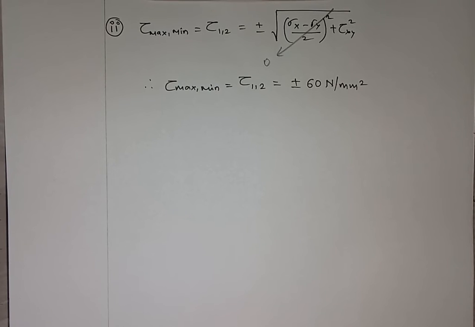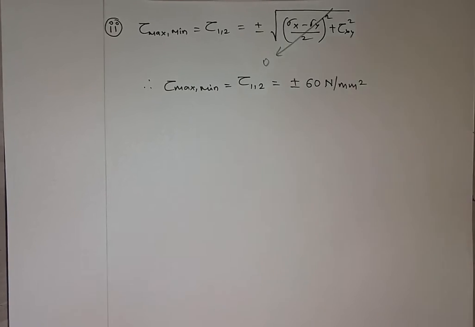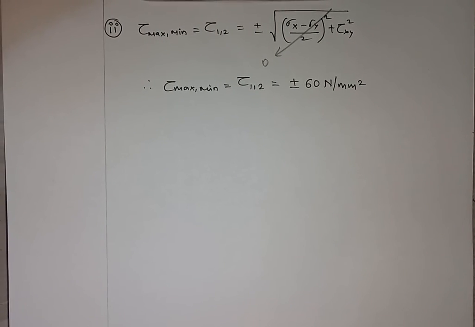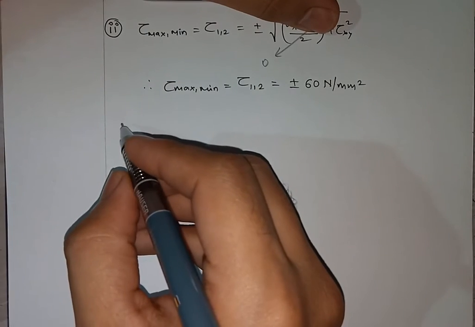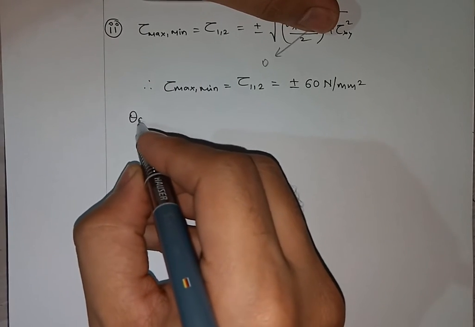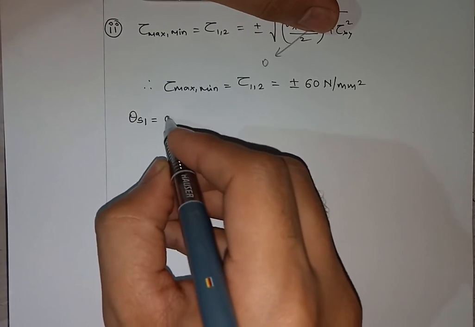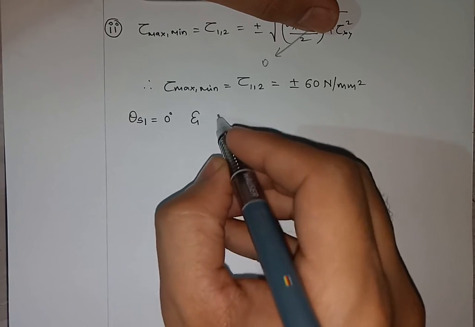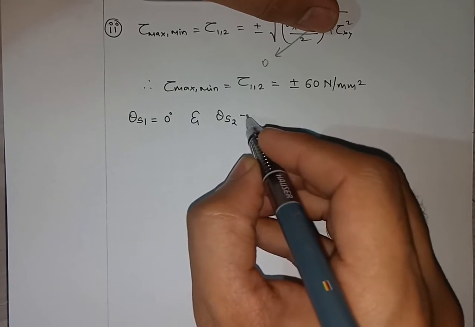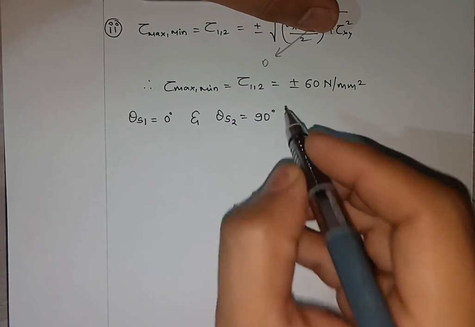Right? So that is the value of maximum and minimum shear stresses, and the value of orientations, theta S1 will be equal to 0 degree and theta S2 will be equal to 90 degree.